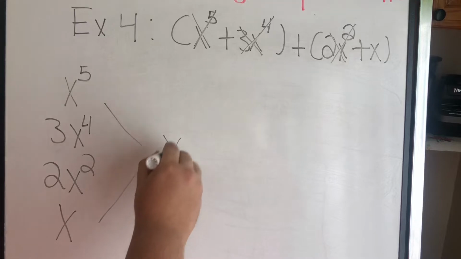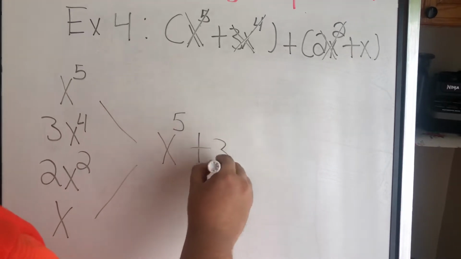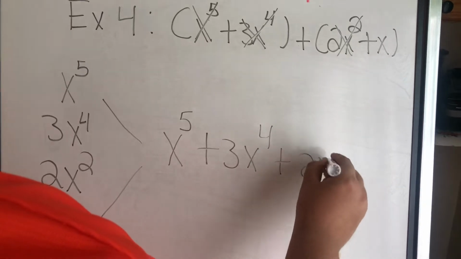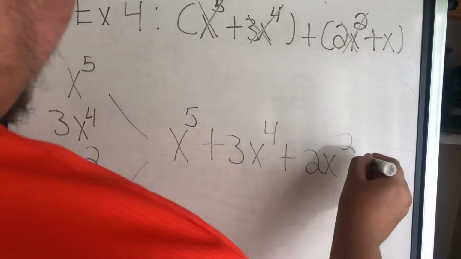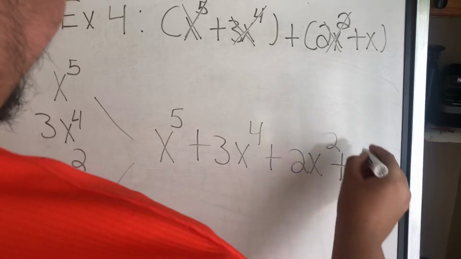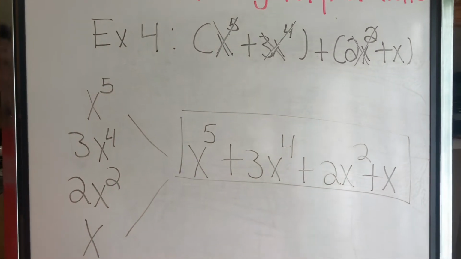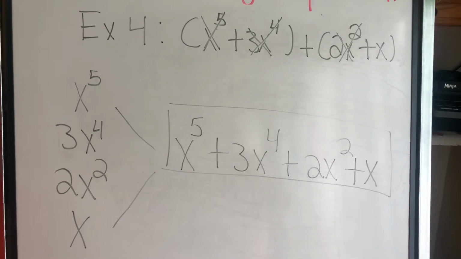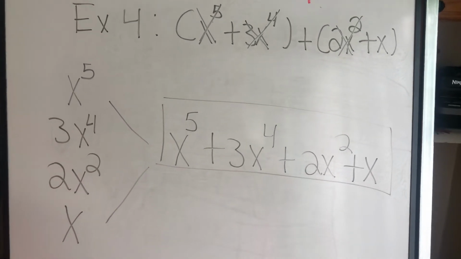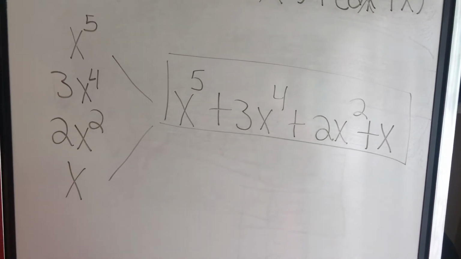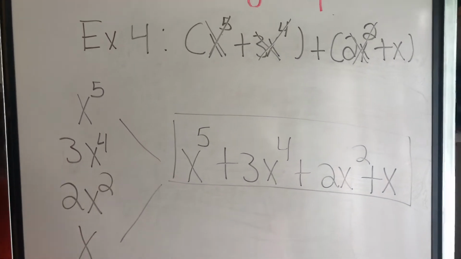So x to the power of 5 plus 3x to the power of 4 plus 2x squared plus x. And that finishes problem number 4. Let's wrap it off with example problem number 5. And that will complete today's lesson.